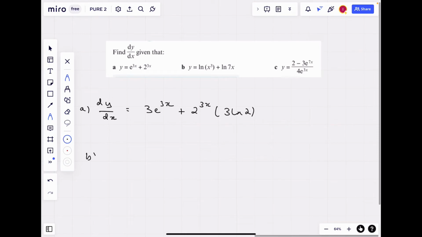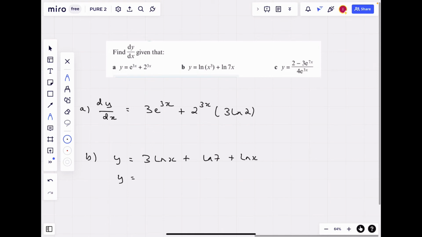Okay, part B. For this, you want to rewrite your equation. So write it as 3 ln x plus ln 7 plus ln x. That's making use of your log rules. Okay, so you're just splitting it up.